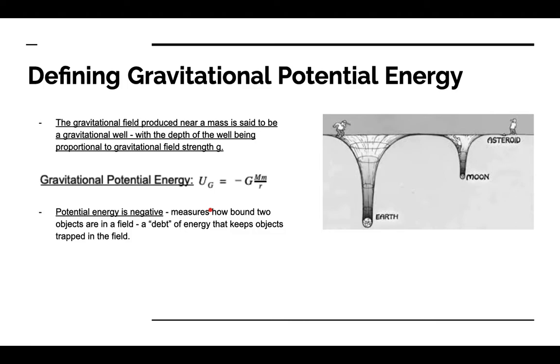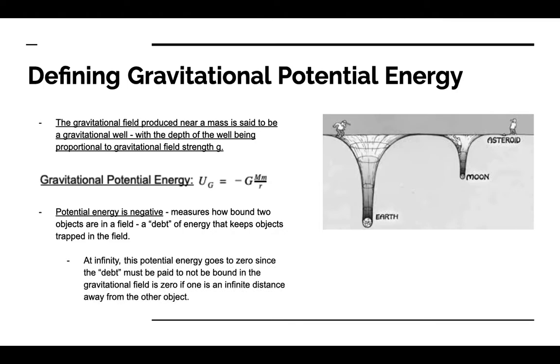So as a result, if these two objects want to get separated and escape each other's fields, they don't want to be bound anymore, a debt of energy must be paid in order to get out of the field. So a debt of energy keeps the objects trapped in the field, and since we have a debt here, we associate that with a negative quantity of potential energy. Okay? So a negative potential energy always represents objects being bound in a system, meaning they're trapped in a system and thus have to pay a debt to get out.